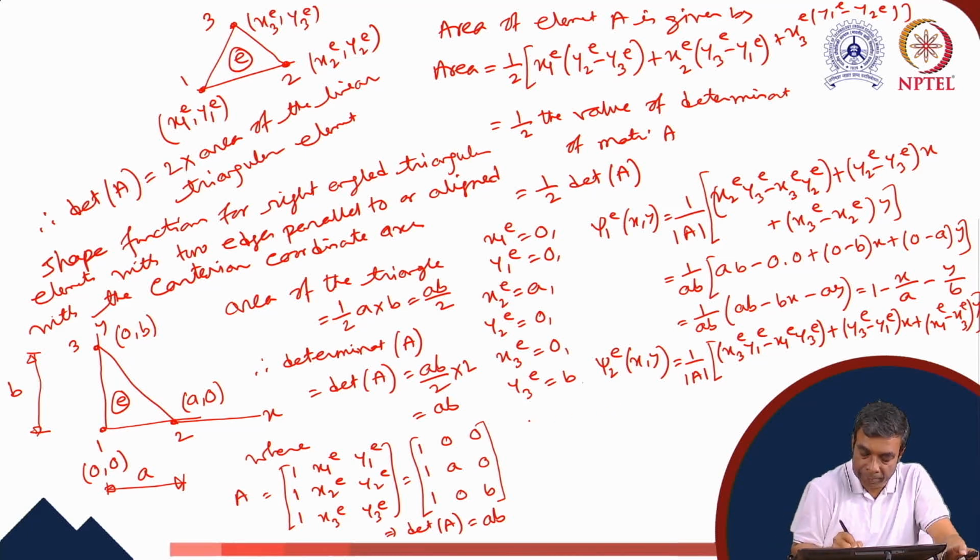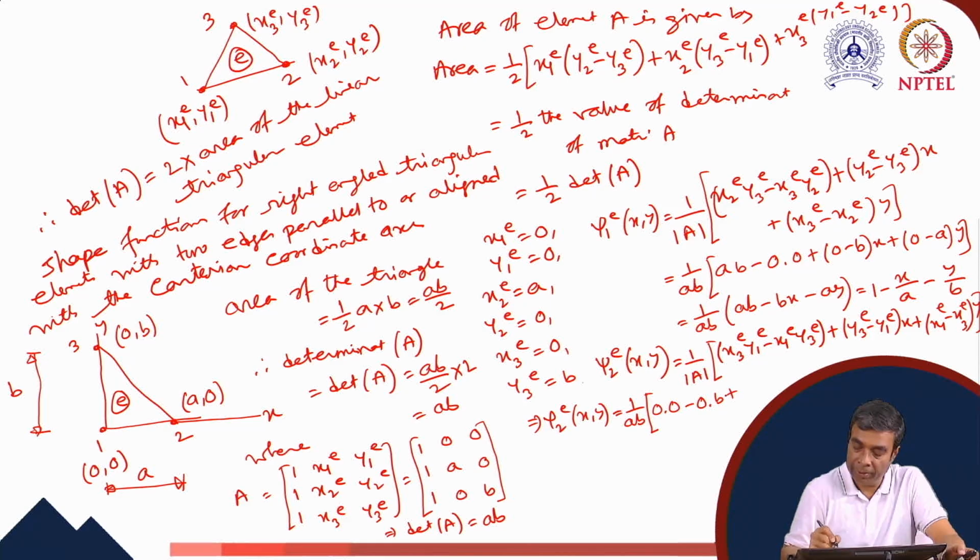We can write this as psi 2e of x, y equals 1 by ab, determinant A is ab, x3e is 0, y1e is also 0, minus x1e is 0, and y3e is b, plus y3e minus y1e into x, y3e is b minus y1e, this is 0, into x, plus x1e is 0, minus x3e is also 0, into y.